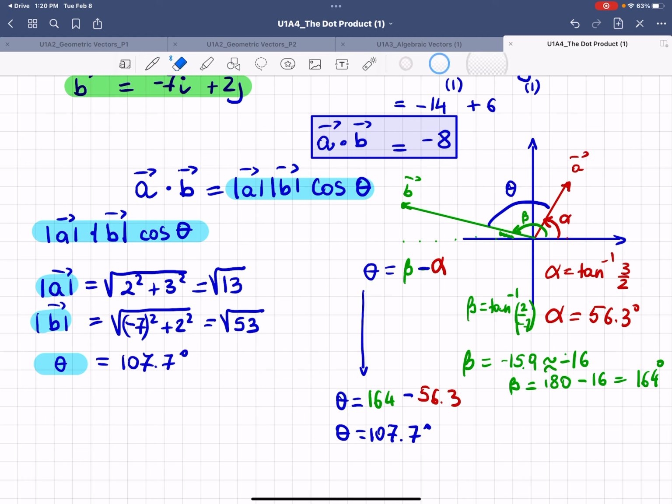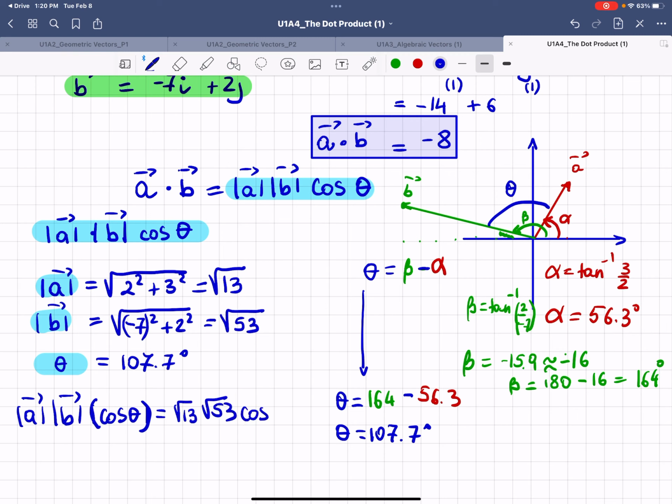So we have A times B times cos theta equals root 13, root 53, cosine of 107.7 degrees. For this, I'm just going to use the calculator, and I encourage you to do the same thing on your own.